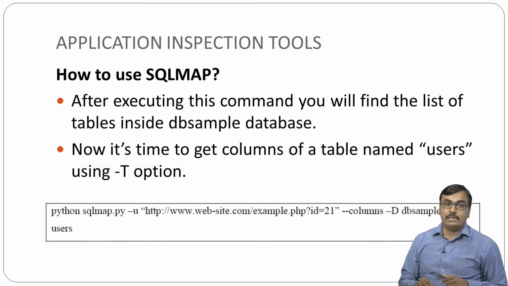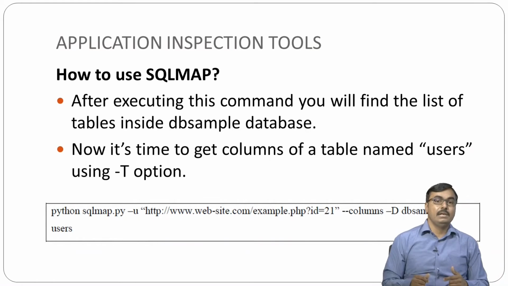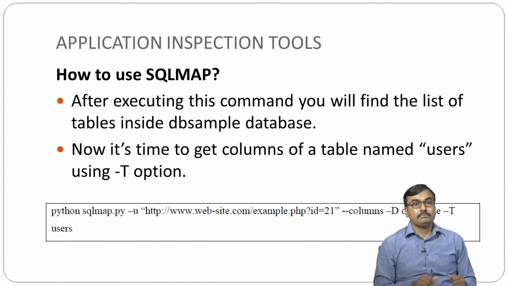So, python sqlmap.py -u, then the vulnerable URL, then --columns. The --columns parameter is used for retrieving the list of columns available in the users table in our case, and -D, that is my DB sample, and -T.